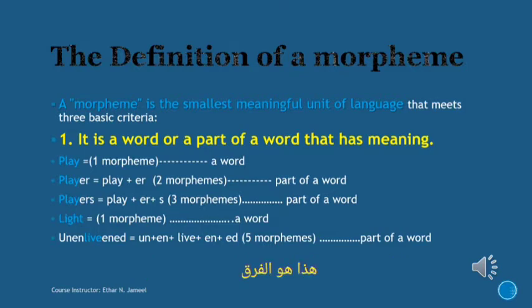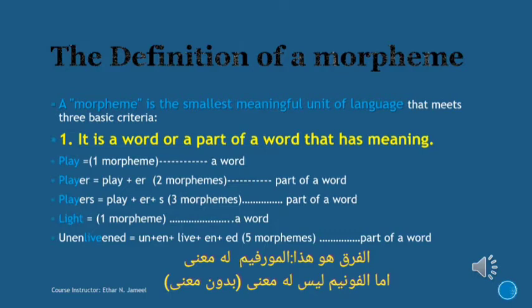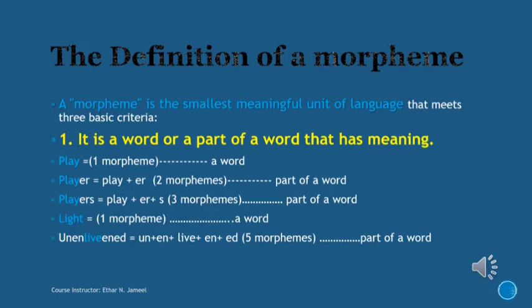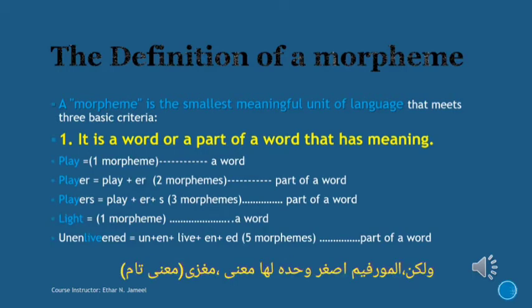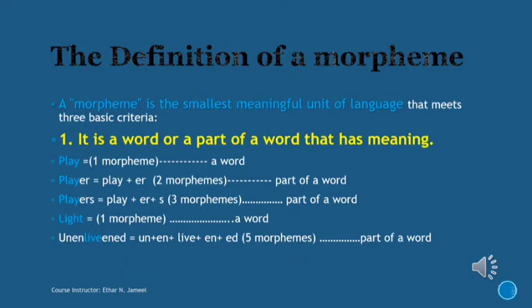This is the difference. The morpheme has a meaning, but the phoneme doesn't have a meaning. So this is the difference between them. Both of them are the smallest units of language, but the morpheme is the smallest meaningful unit of a language.